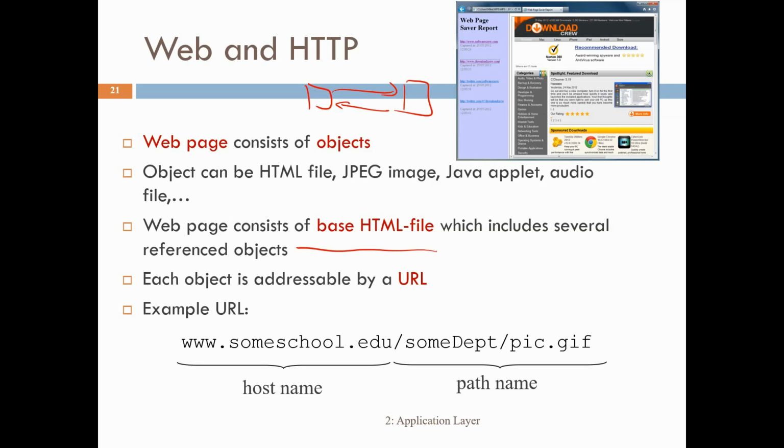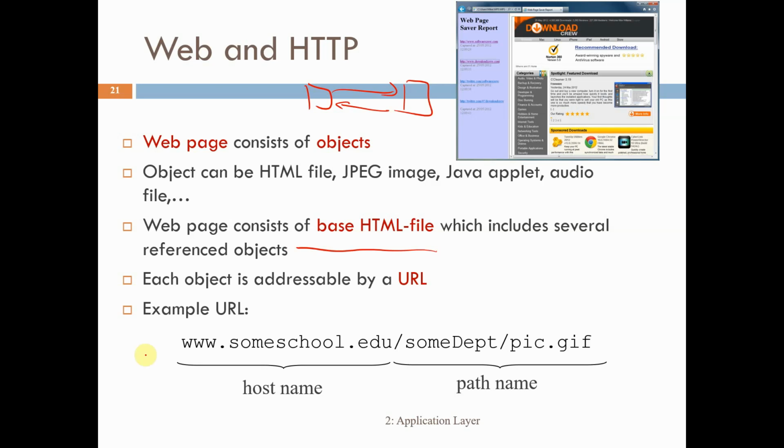And in the project, you will actually use HTML to develop your website. Okay. The base HTML file will contain references to the objects in the web page. That means if there are 10 images, for example, in the web page, they will be referenced in the base HTML file.